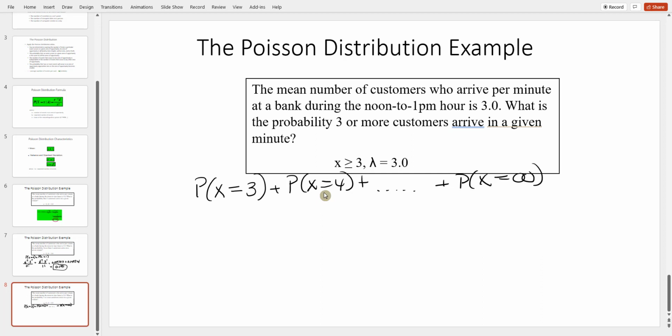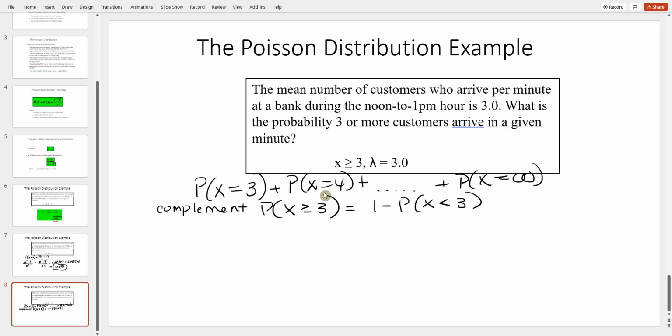So what you want to do is do the complement. So the complement would be 1 minus the probability that x is less than 3.